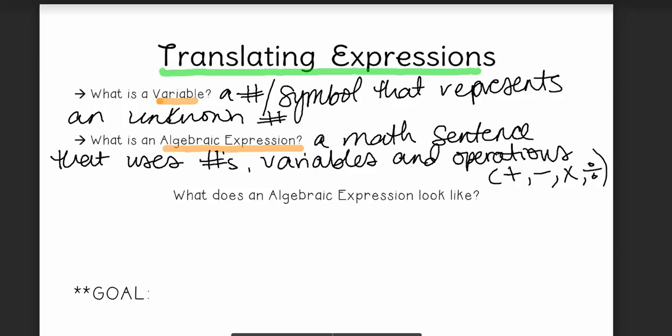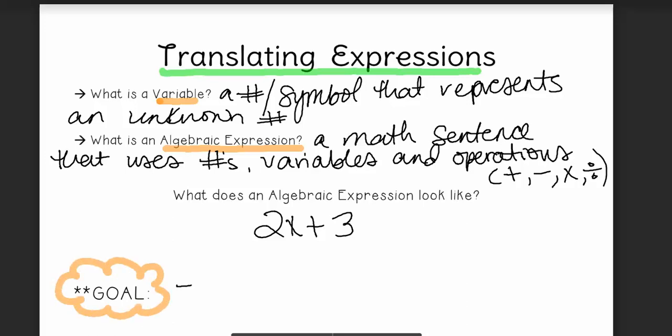An expression is different than an equation because an expression does not have an equal sign. So because we have an expression, we're not dealing with equaling anything. An algebraic expression could look something like 2x plus 3, which we've seen plenty of times, and notice it does not have an equal sign. So today I have a goal, and I'm going to highlight my goal here because this is the big one.